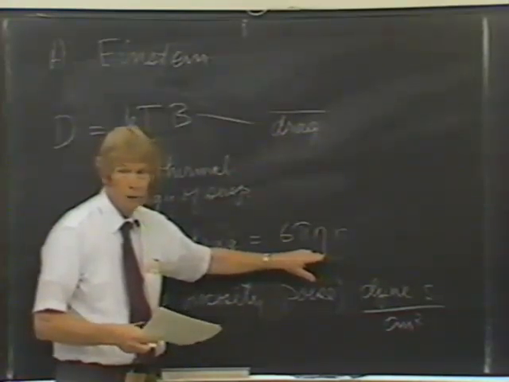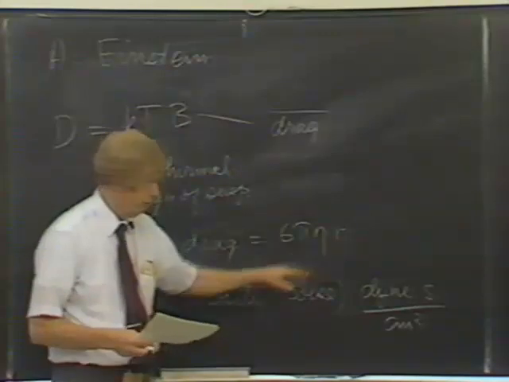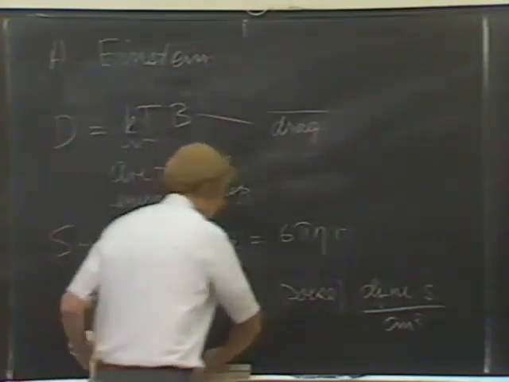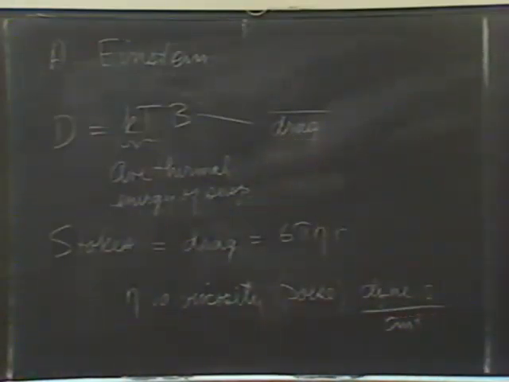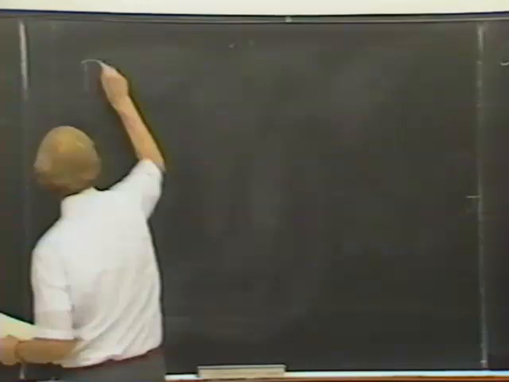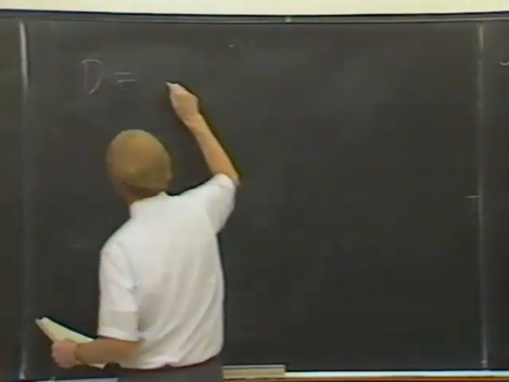So we can write then that the diffusion coefficient is equal to kT divided by 6 pi eta r.